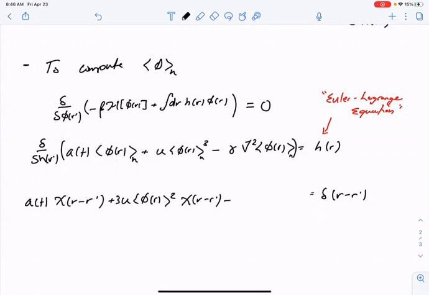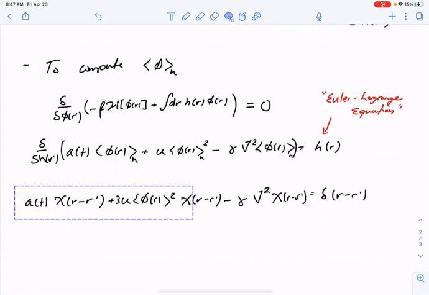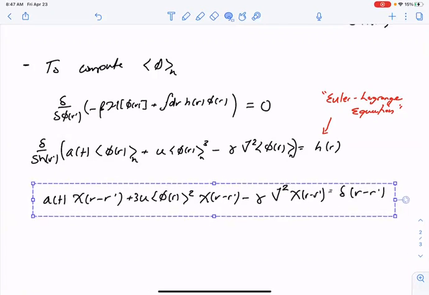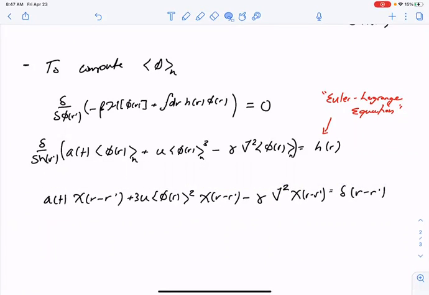And now our squared gradient term, I can commute the functional derivative with respect to h with the spatial gradient and thus just get chi underneath that gradient. So this is interesting because it is an explicit equation, an ODE, that if we could solve it, we could get chi.